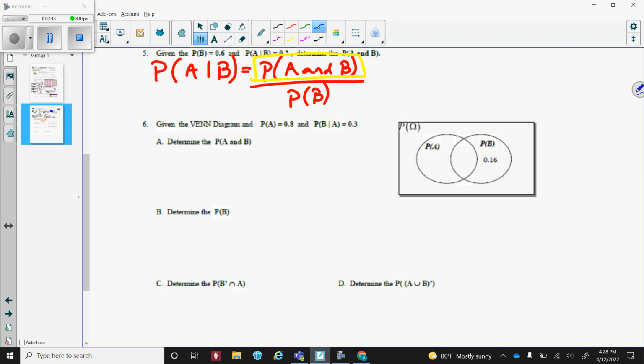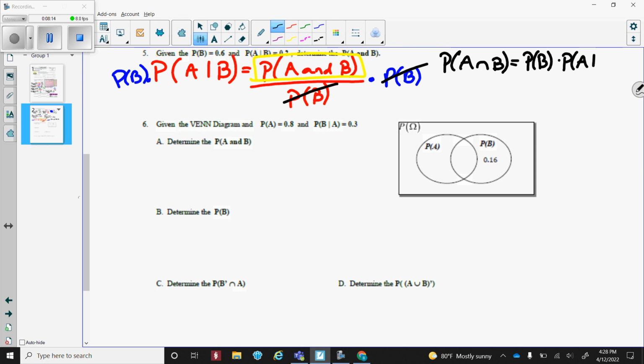In order to isolate it, I need to get rid of that probability of B. So I will multiply both sides by the probability of B. When I do that, this probability of B on top cancels with that probability of B on bottom, and I'm just left with the probability of A and B is equal to the probability of B times the probability of A given B.